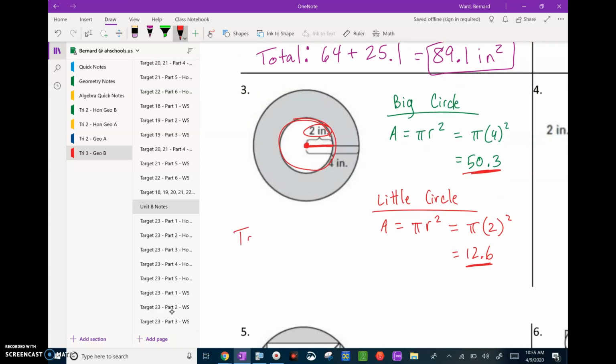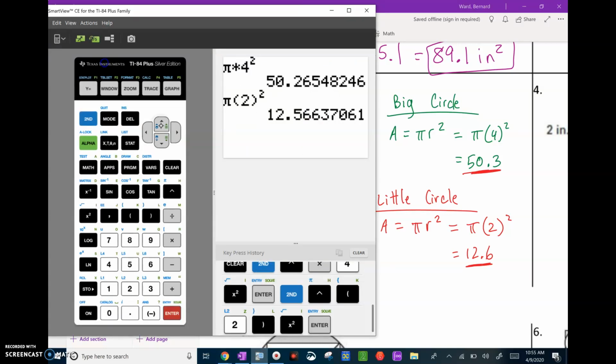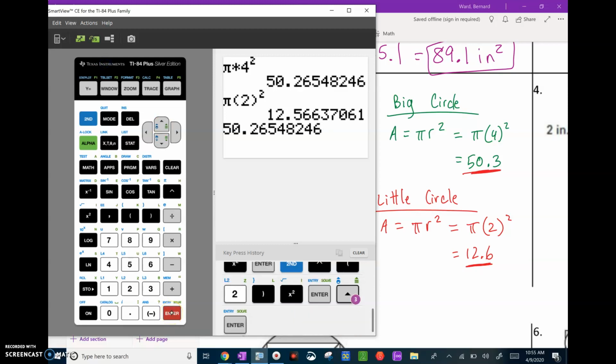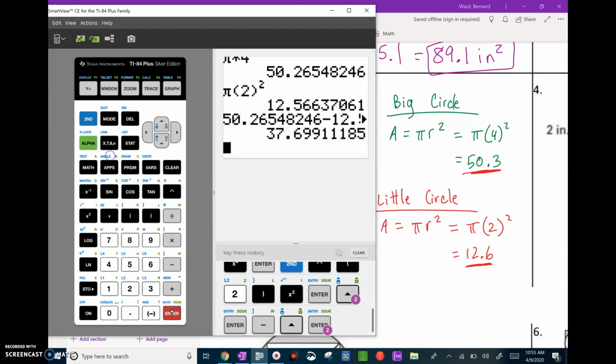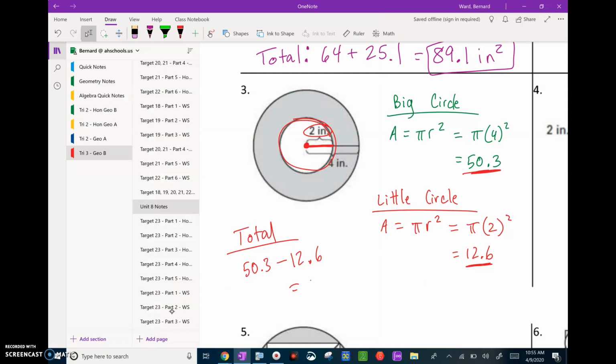And so our total is just going to be 50.3 minus 12.6. In our calculator, we can just go up and highlight the 50, hit enter, and then minus, and go up again, highlight the 12, hit enter again, and you will see 37.7 roughly. 37.7 inches squared.